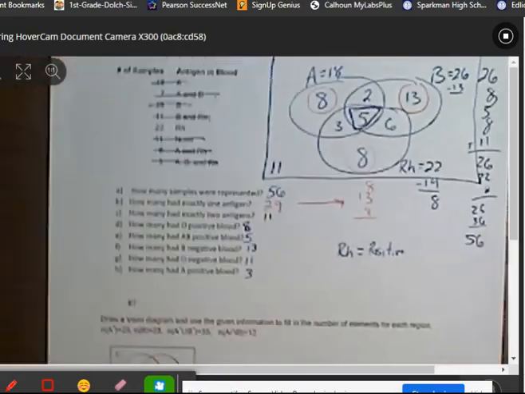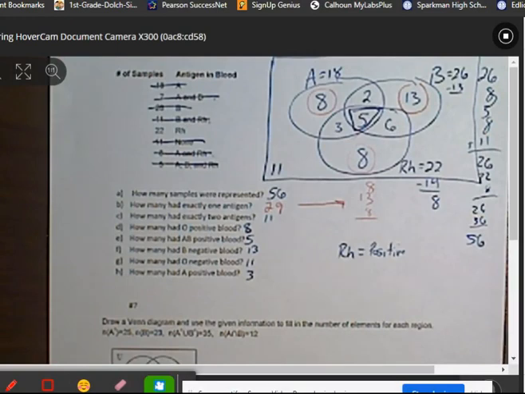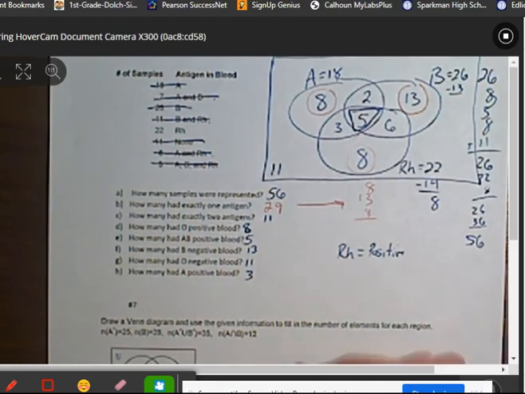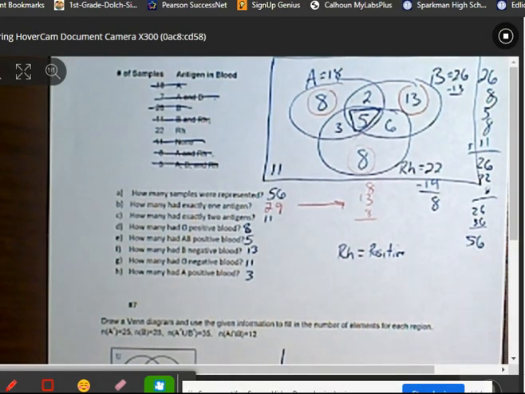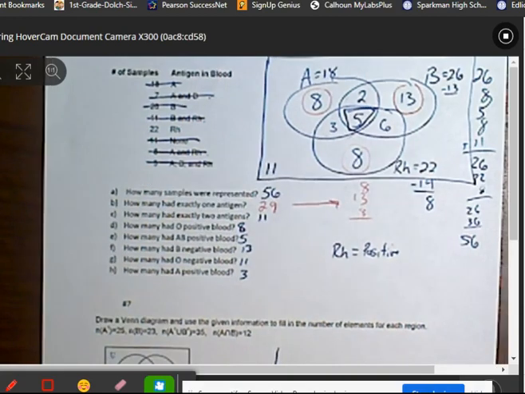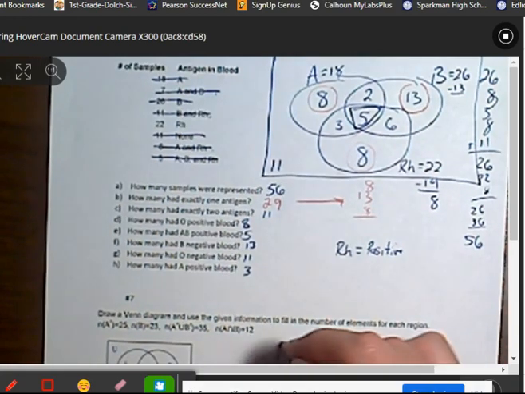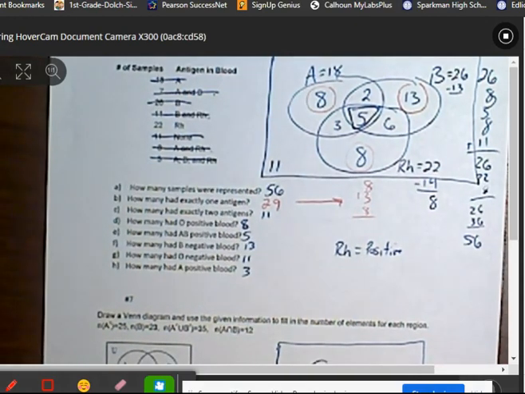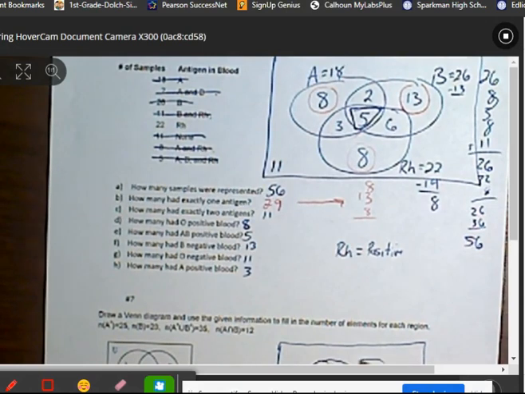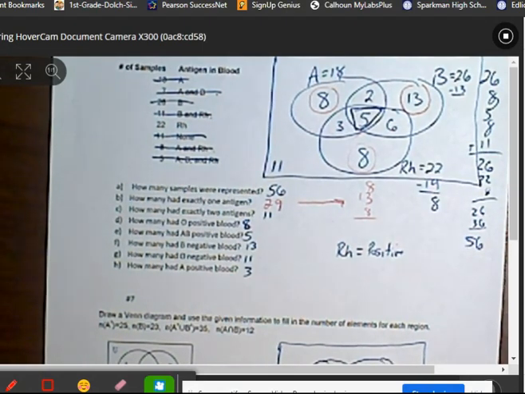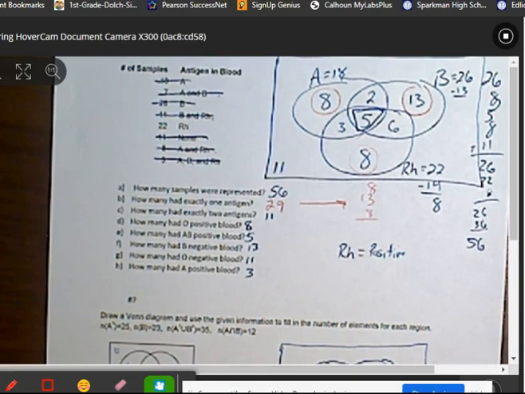Okay, I'm gonna pull that back out of the way for a minute. Okay, so the intersection of A and B, you've got 12 right in the middle.